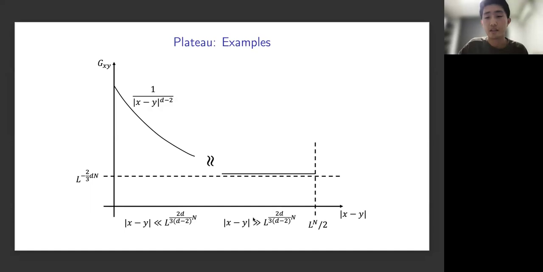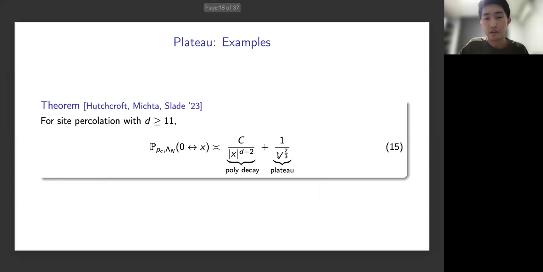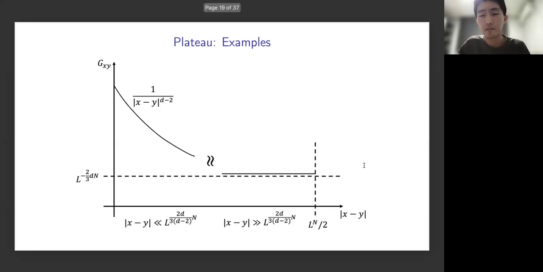When it is larger than this number, it shows constant behavior. I didn't explain what V is: V is the size of the system, so it's L to the dn in our case. So in this case, it is showing a genuine plateau.